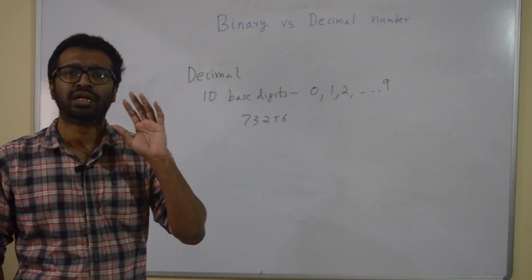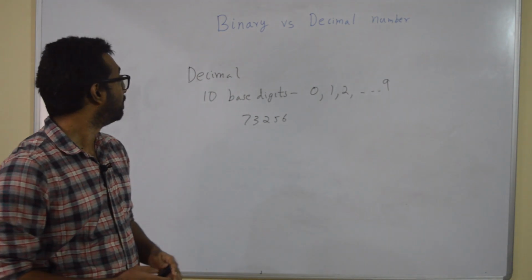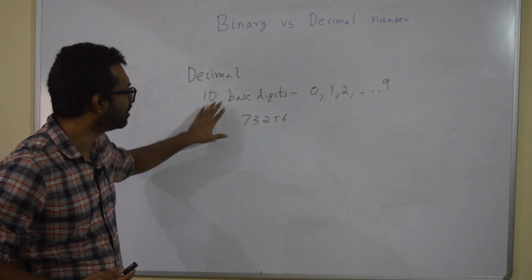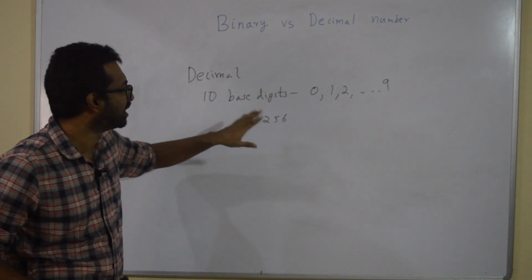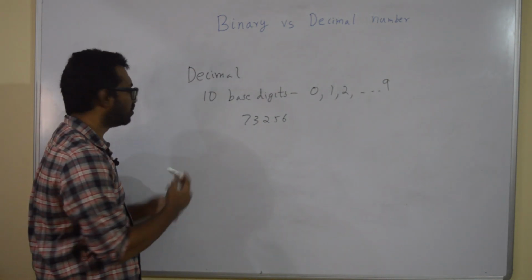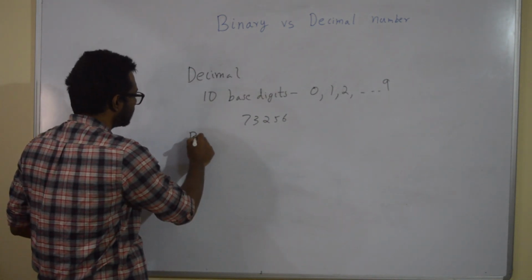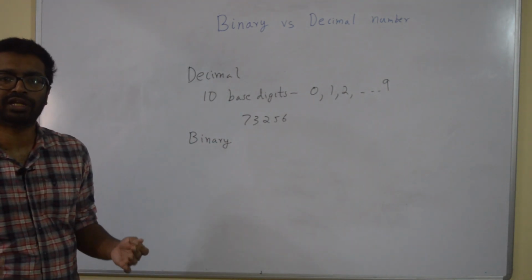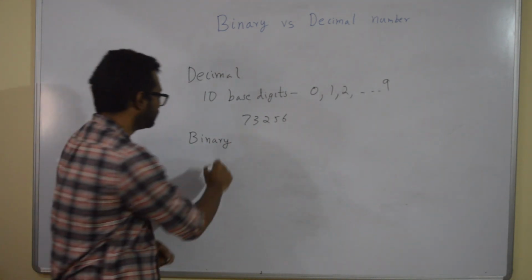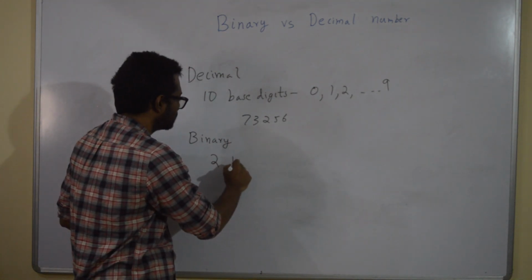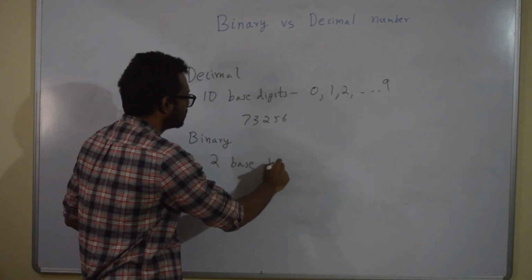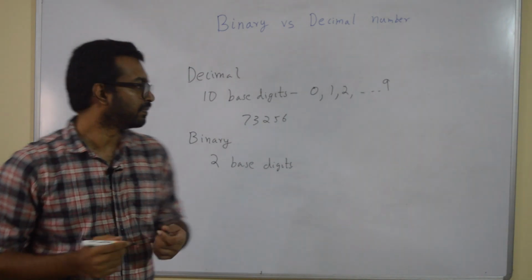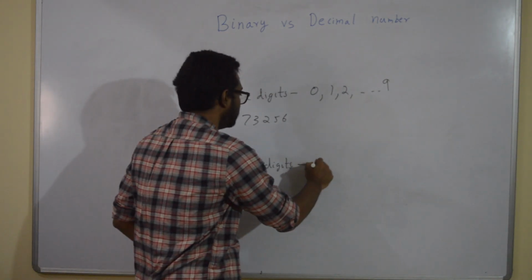Now coming to the binary number system. Deci means 10, and it's called the decimal number system because it has 10 base digits. So what is binary? Binary is going to be bi, meaning 2. So 2 base digits, and we will represent the 2 digits by 0 and 1.